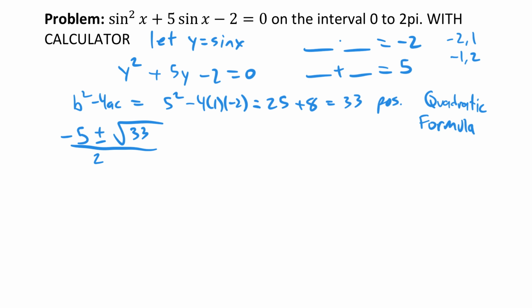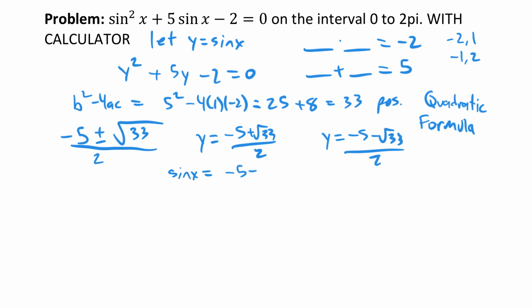And so our two answers for y are y equals negative 5 plus root 33 over 2, and y equals negative 5 minus root 33 over 2. In other words, sine x equals negative 5 plus root 33 over 2. Sine x equals negative 5 minus root 33 over 2.